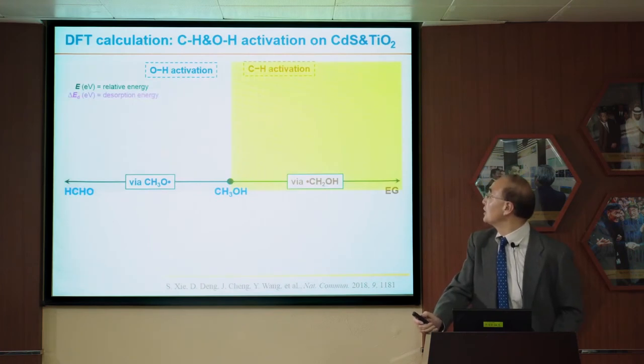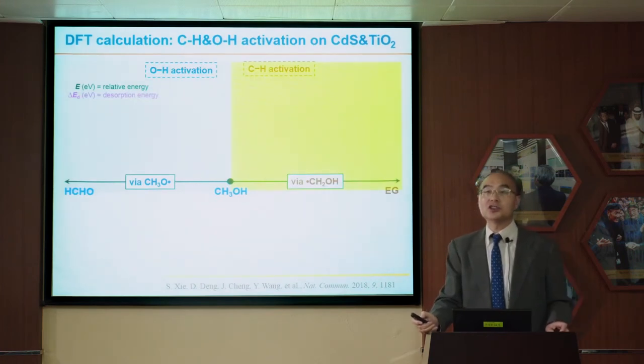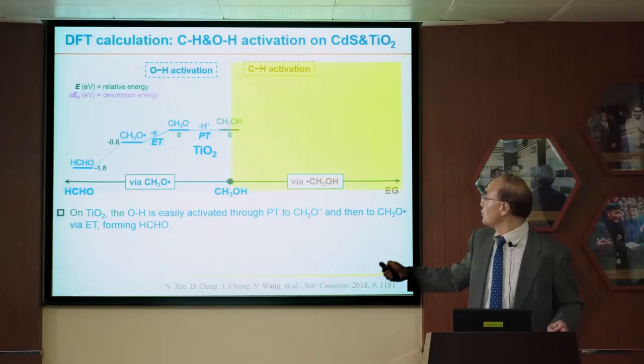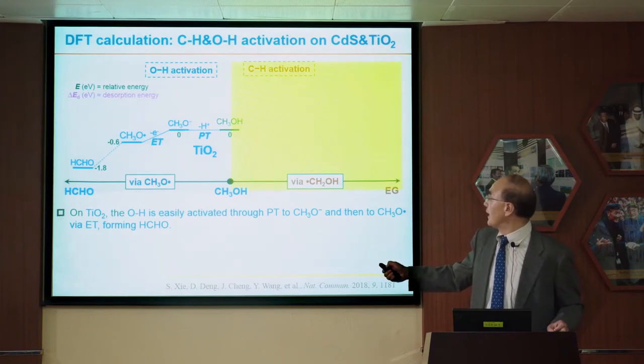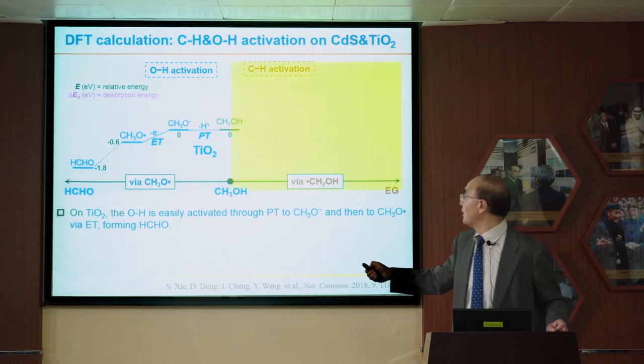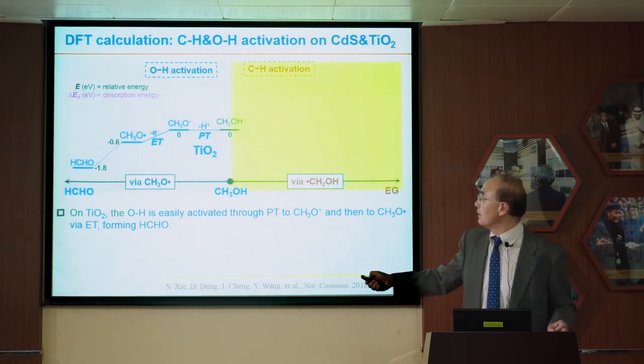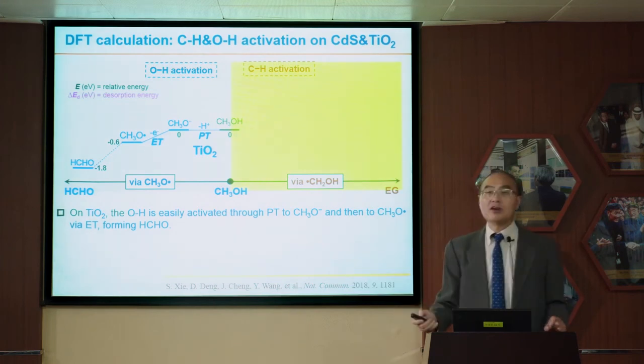Our DFT calculation results reveal that on the reference semiconductor titanium oxide, the OH bond in methanol is easily activated through proton transfer to the methoxy anion and then to the methoxy radical via electron transfer, finally forming formaldehyde.